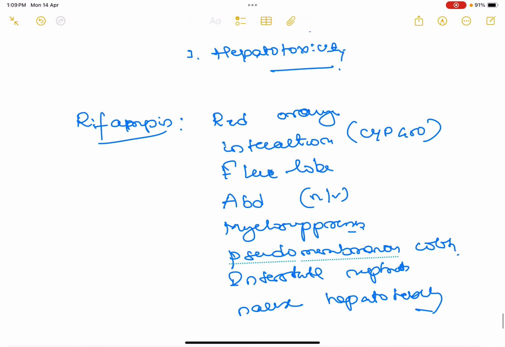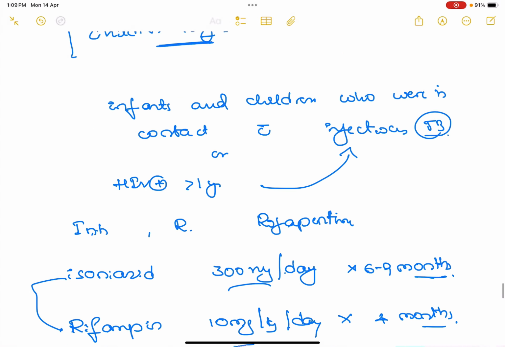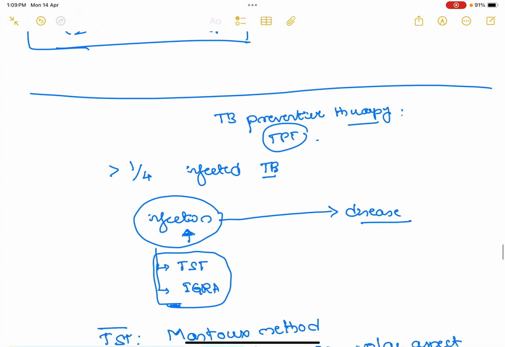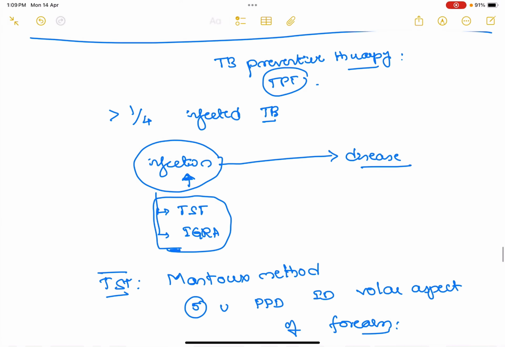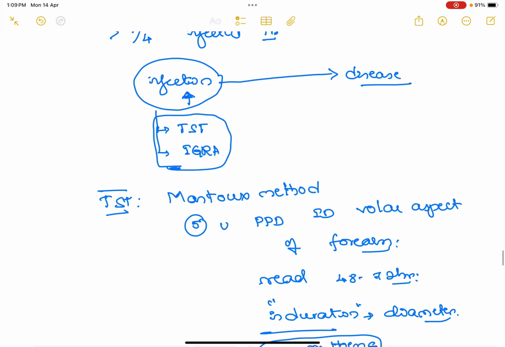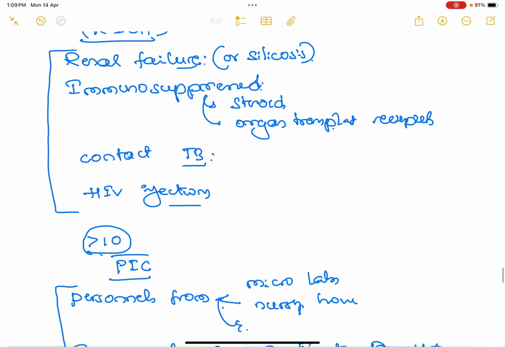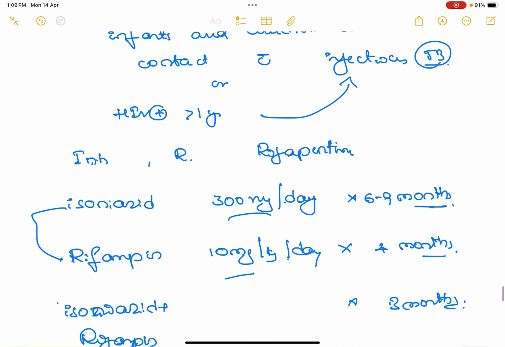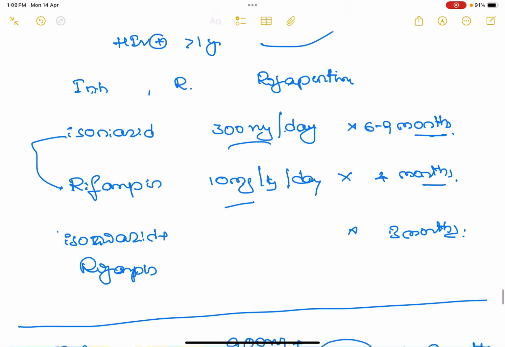So this is about rifampin and its side effects, and it is about TB preventive therapy. In quick revision, TB preventive therapy is indicated for infected individuals. How to check for infection? Tuberculin sensitivity test and IGRA test. So you have to remember the positive cutoffs, and if the patient satisfies the positive cutoffs, you have to go for TB preventive therapy, TPT.